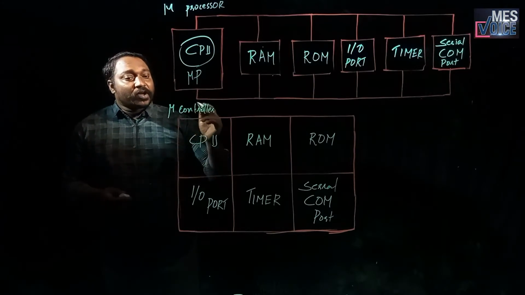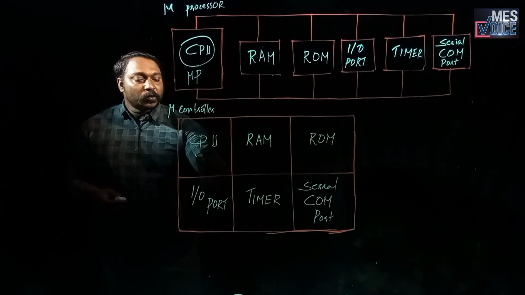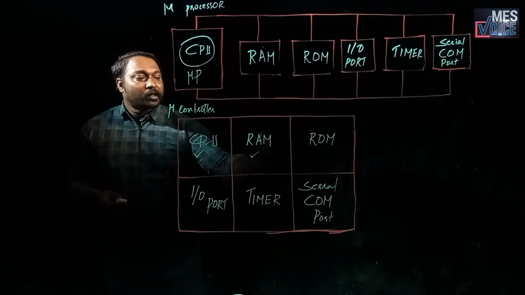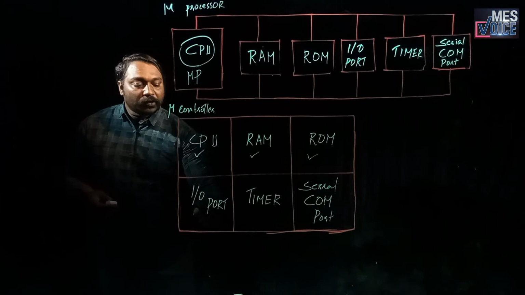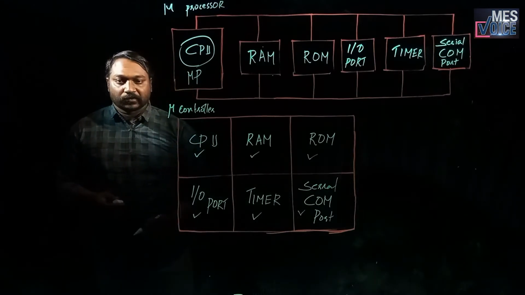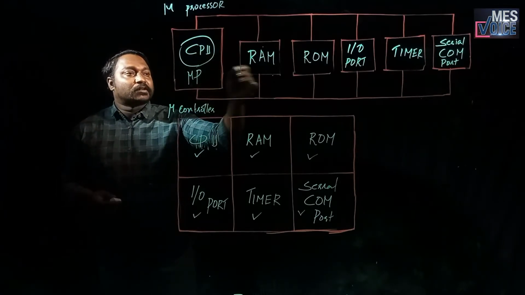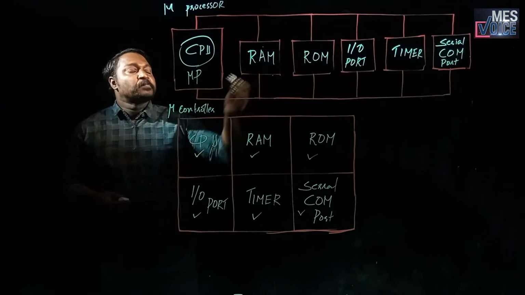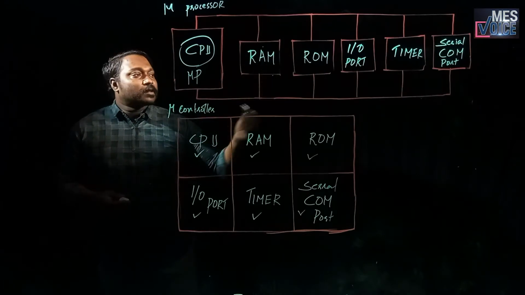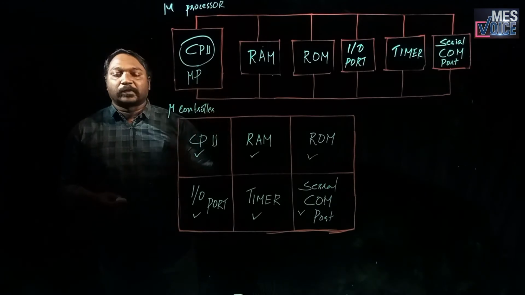If we are considering a microcontroller system, there is a CPU, RAM, ROM, input-output ports, timers, and serial communication ports. In the microprocessor system, the CPU is here and all other functions are external with respect to this CPU.